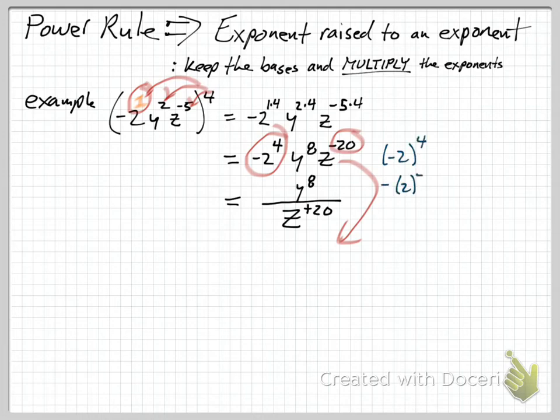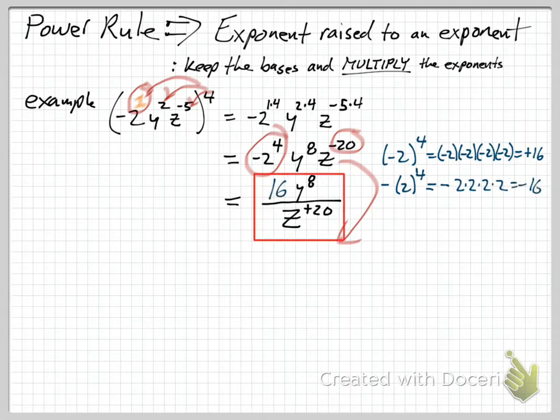Now, what is it asking? Is it negative 2 to the fourth, or is it negative 2 to the fourth? And they are different. Which one of these is correct? This one right here is the correct one. Why? Because this negative is inside the parentheses that's being raised to the fourth power.